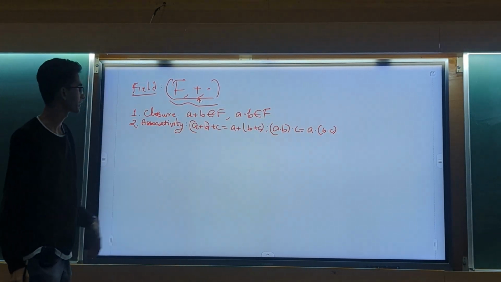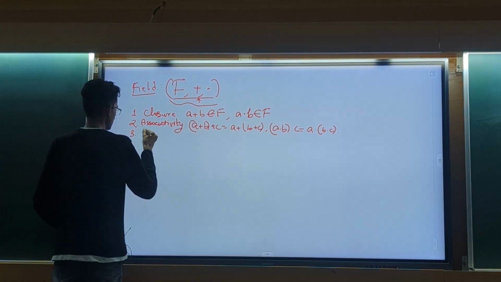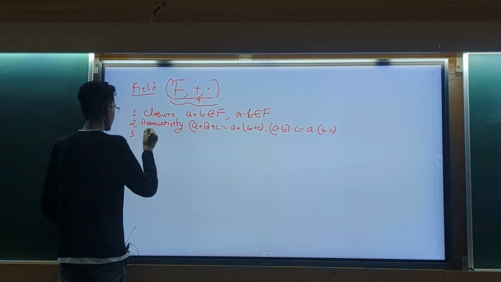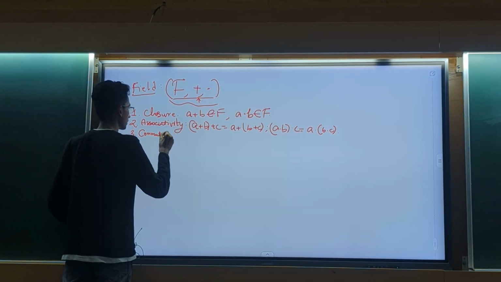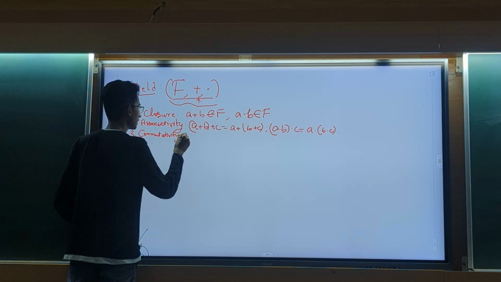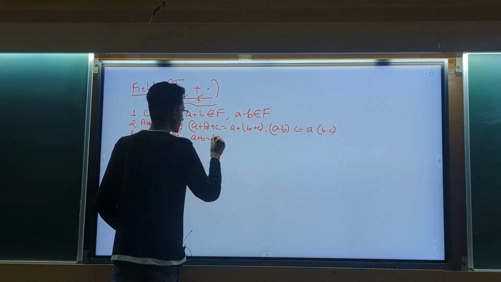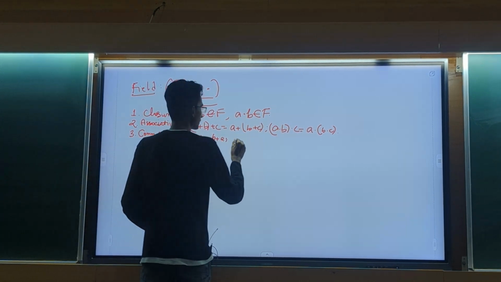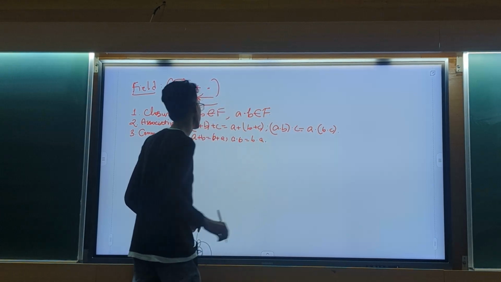Alright, these are for all triples A, B, C. Number 3 is commutativity. So A plus B is B plus A.